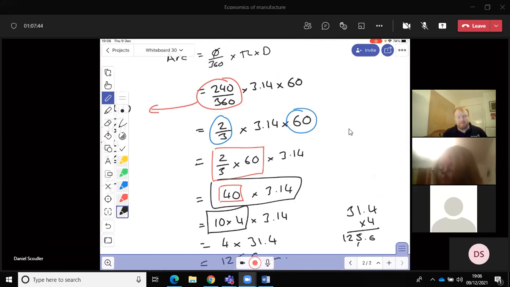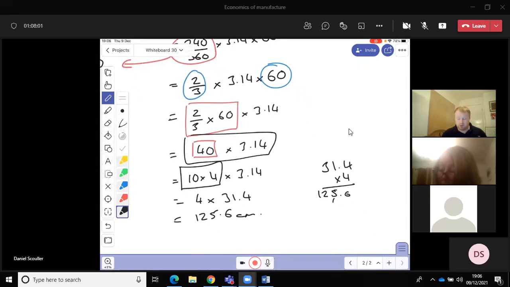So it looks horrible, but if you've got the time to do it, it's actually quite a nice question in the non-calculator paper. They don't often try and catch you out by putting outrageous numbers in it. The most difficult bit is usually multiplying by this 3.14 because that decimal throws a lot of people off.